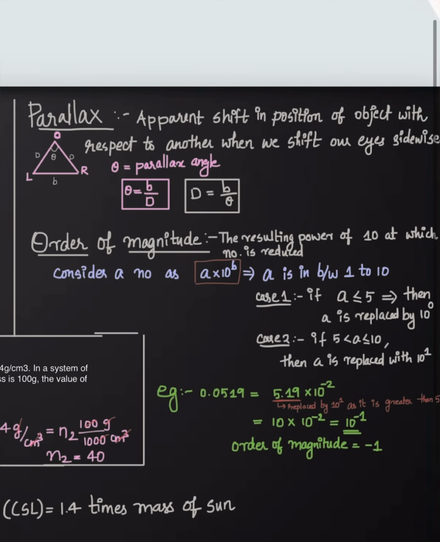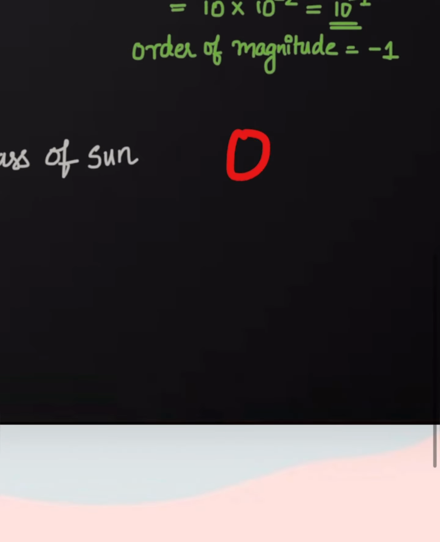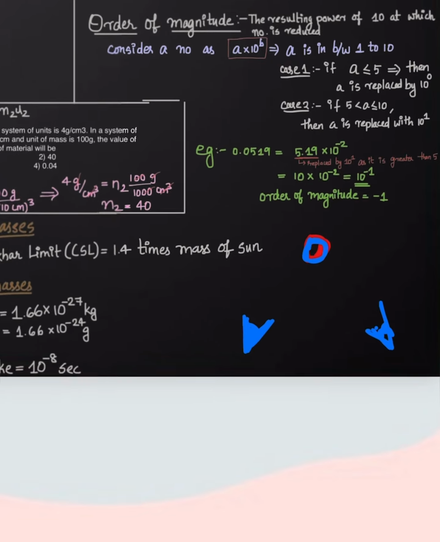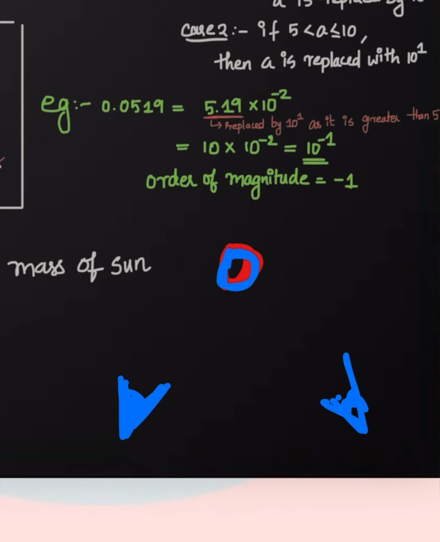Parallax method means the apparent shift in position of an object with respect to another when we shift our eye sidewise. That means, if this is an object and I am looking at this object from this side, and then I change my position to this side and look at the object from there also, there is an apparent shift in position.